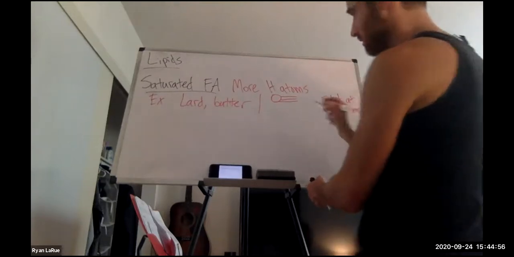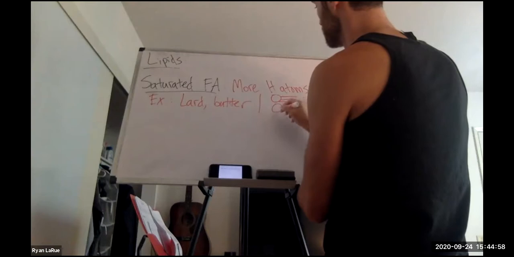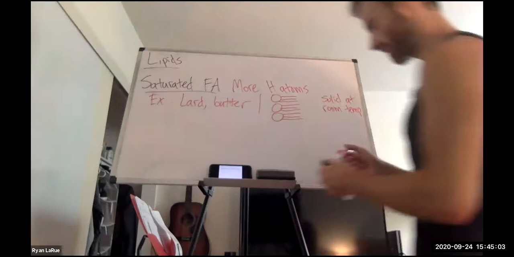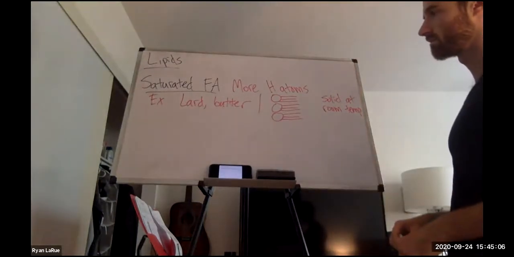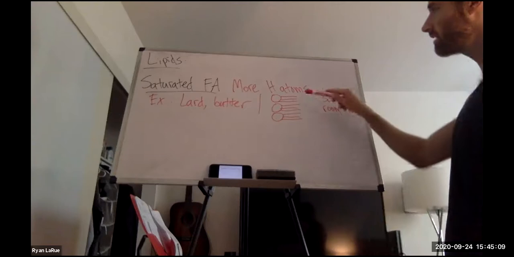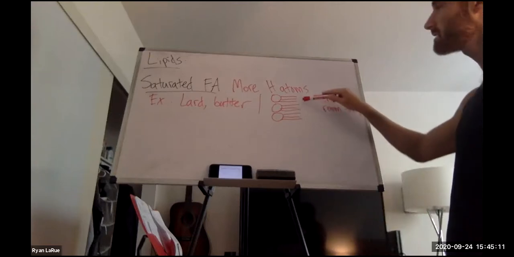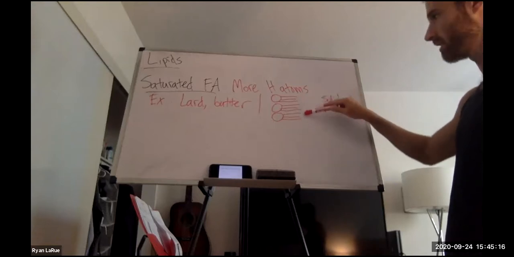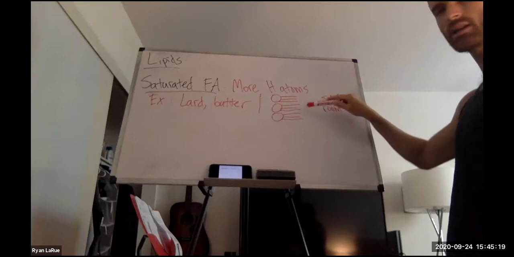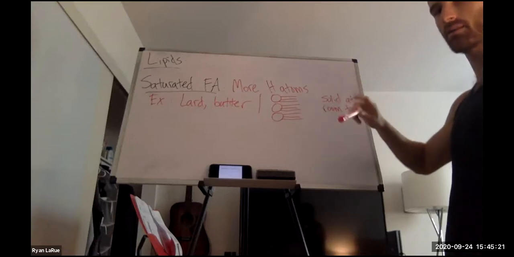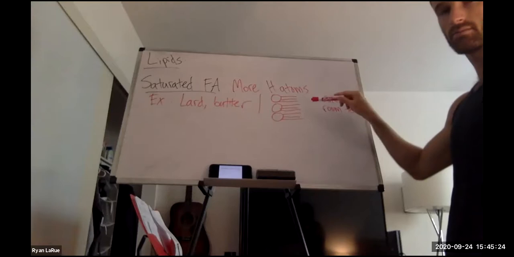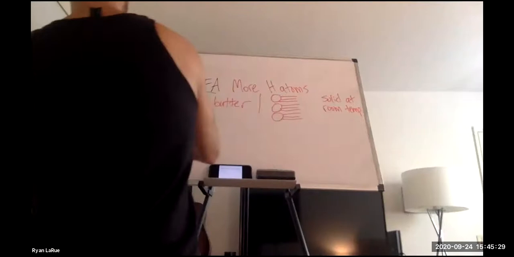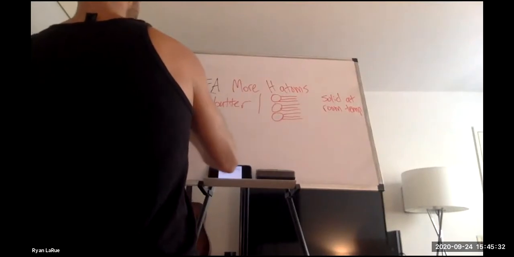So I'm going to draw two more. Okay. See how they stack up really nicely? The fatty acid tails are very straight, so they can just stack really well. I want you to keep that in the back of your mind, and then we're going to come back to that fact. Because we'll see with our unsaturated fatty acids that that is not the case. They do not stack really well.